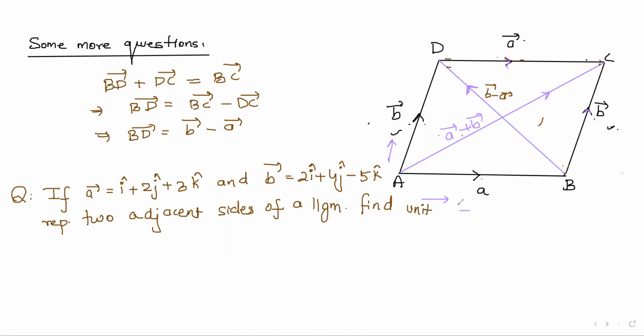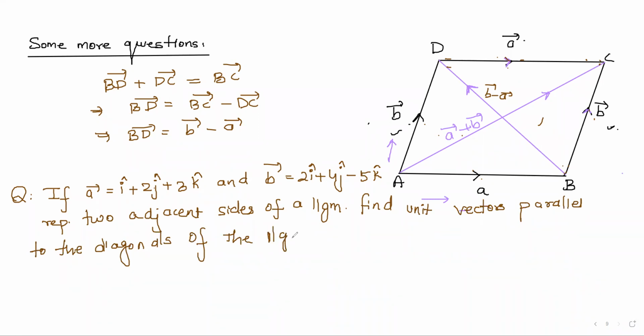Find unit vectors parallel to the diagonals of the parallelogram. Find the unit vector parallel to the diagonals of the parallelogram. Please try this question and share your answer.